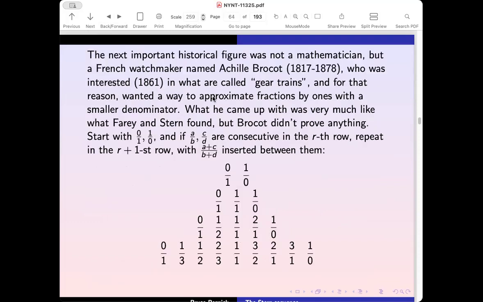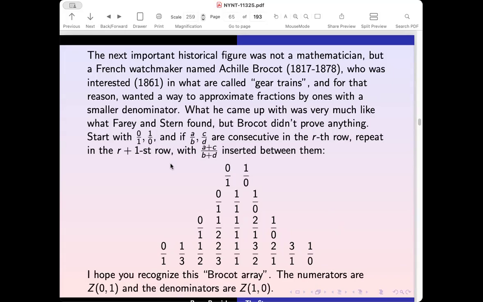The next historical figure was not a mathematician, but a French watchmaker named Achille Brocot, who wanted to find a way to approximate fractions and just basically added everything together the way we've been doing. He didn't prove anything, but since he was French and Stern was German, French mathematicians like to use Brocot's terminology a lot. The numerators are z of 0, 1. The denominators are z of 1, 0.